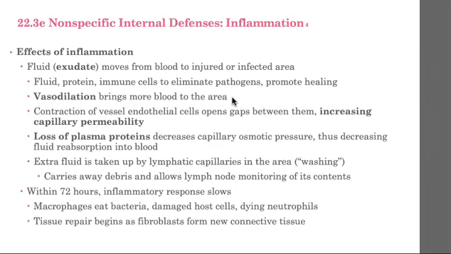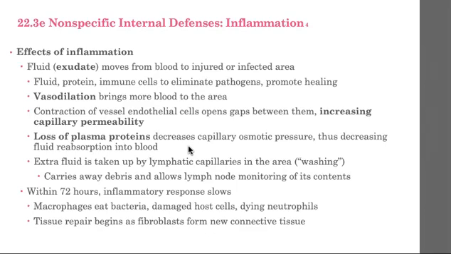And we get contraction of the vessel. Our endothelial cells open between and create gaps so that we can increase that capillary permeability. We lose those plasma proteins, which causes a decrease in capillary osmotic pressure. Thus, it's decreasing the fluid reabsorption into our blood.